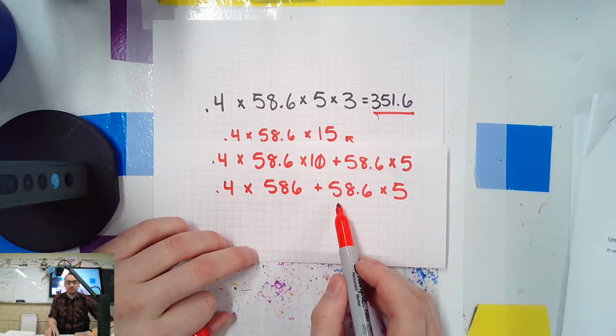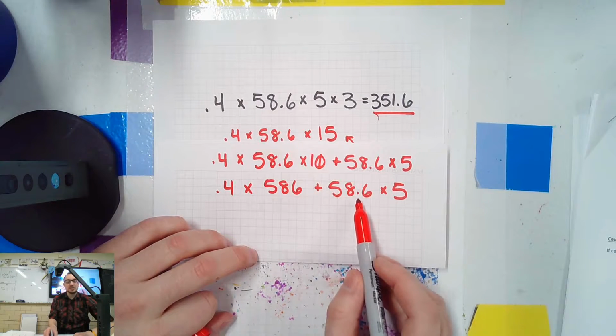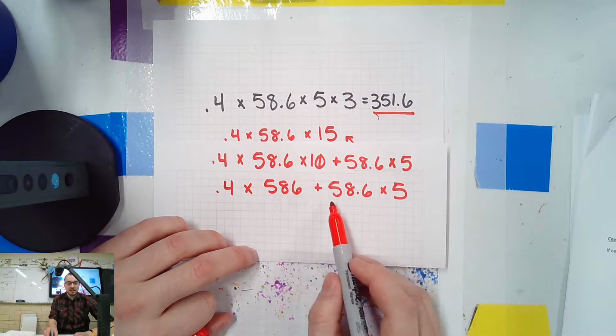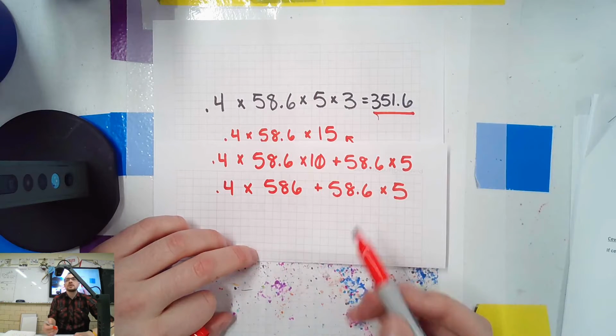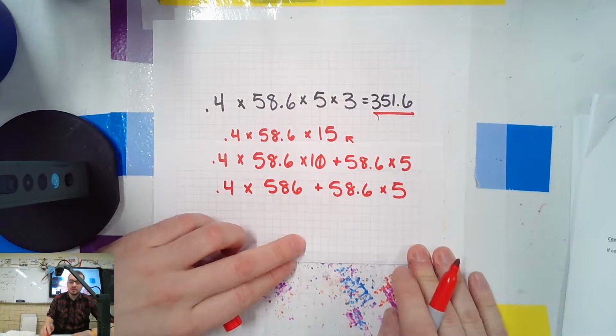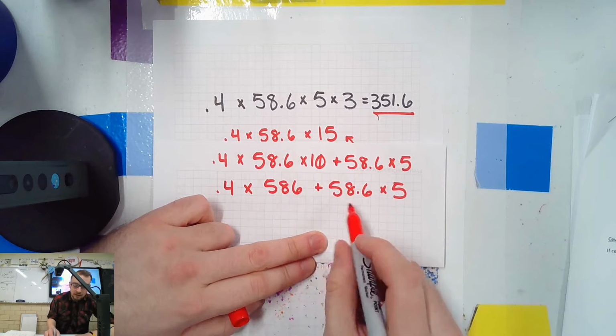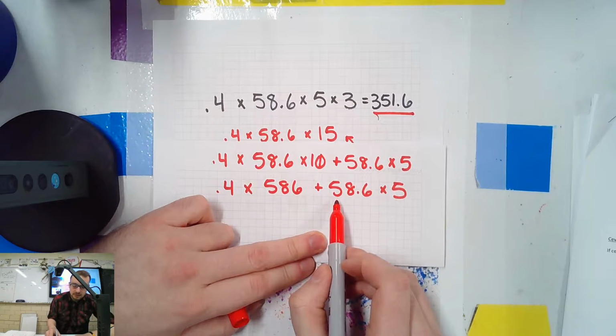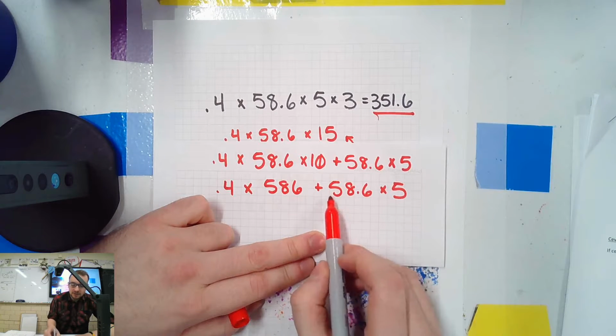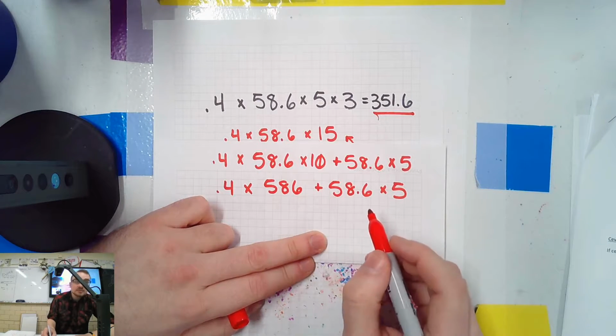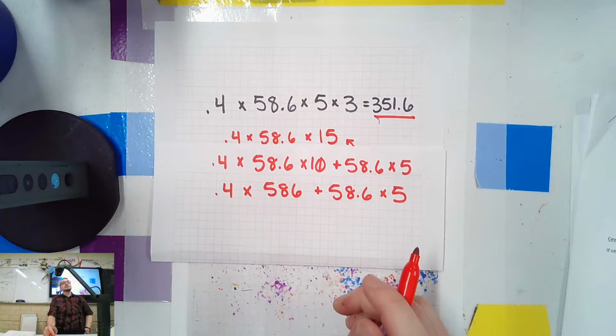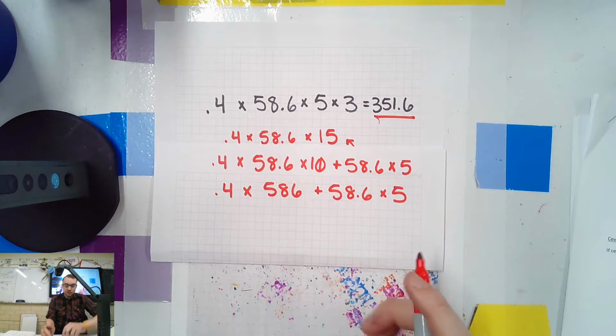Times this by 10, that's super easy. What's 58.6 times 10? 586. Now divided by 2. What's 586 divided by 2? So what's 500 divided by 2? 250.